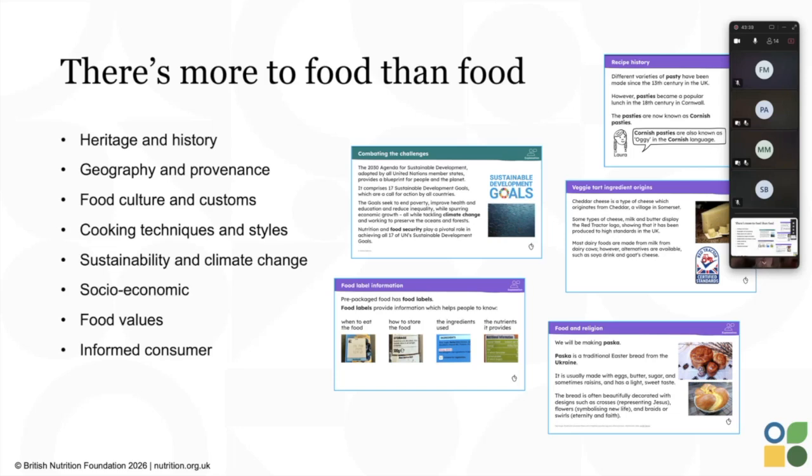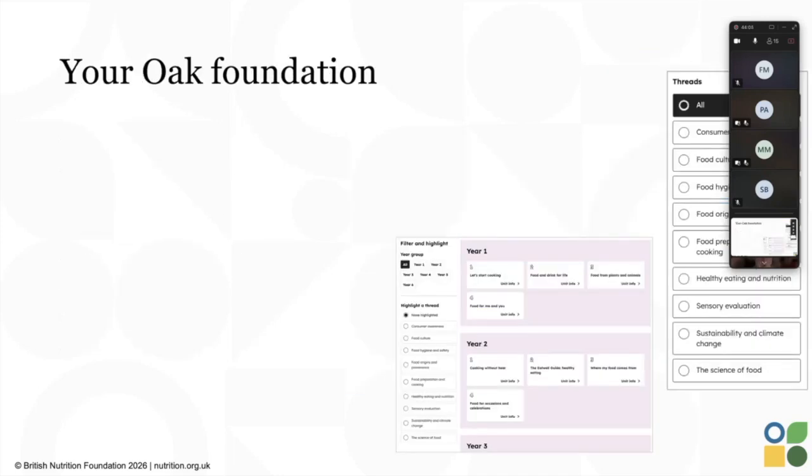And you can see just a few screenshots here from materials on the Oak National Academy, from Sustainable Development Goals through to some history around Cornish pasties, the Red Tractor logo, Paska, a Ukrainian bread eaten at Easter, so looking into food and religion, for example, as well as being more informed consumers by looking at labels. So there's quite a lot there.